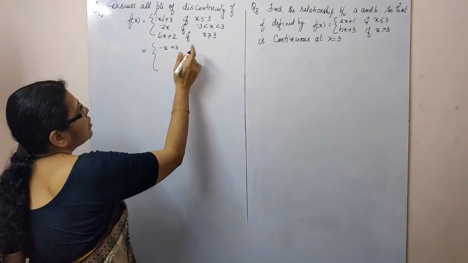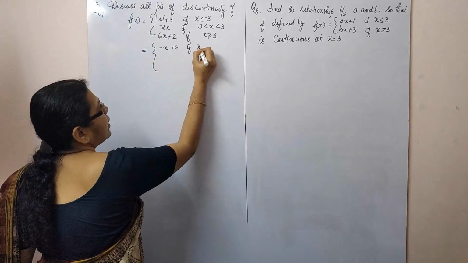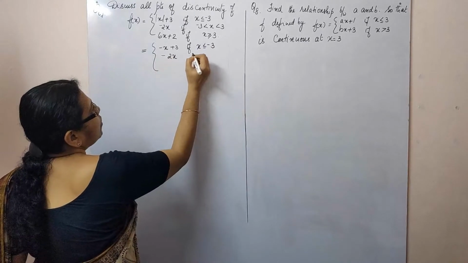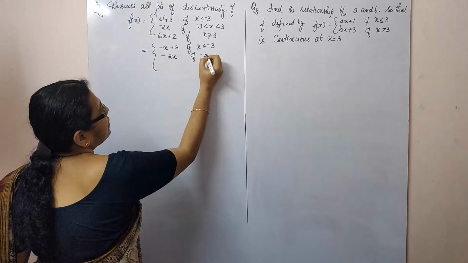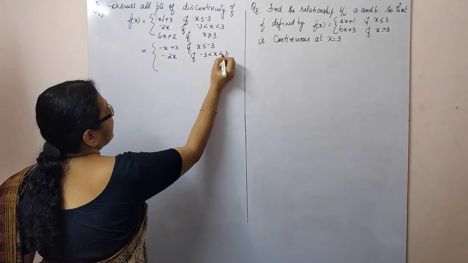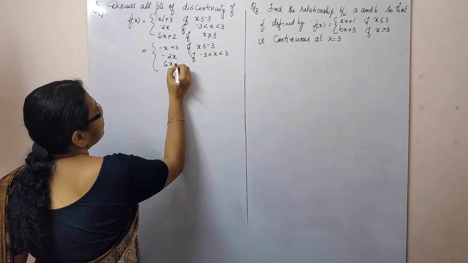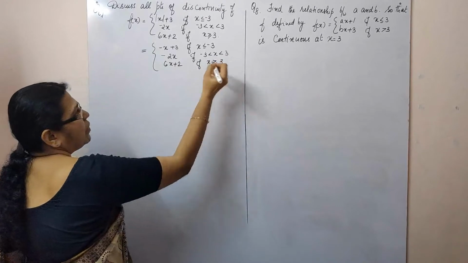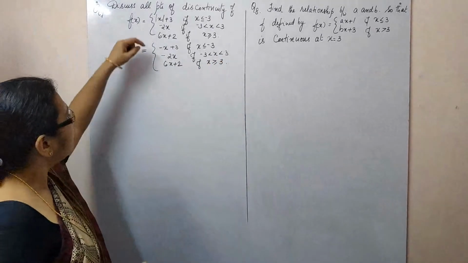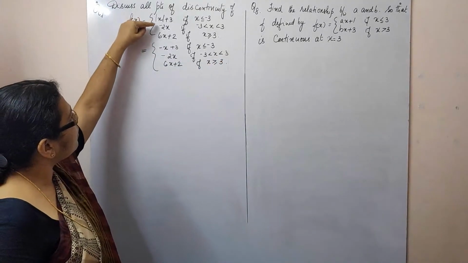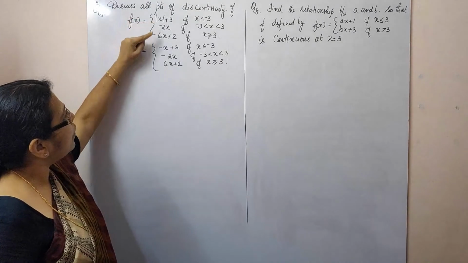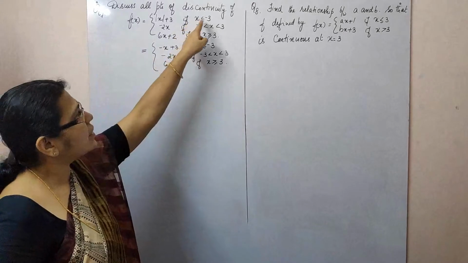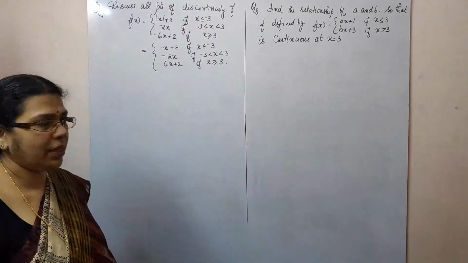So, minus x plus 3 if x is less than or equal to negative 3, minus of 2x if negative 3 is less than x less than 3, 6x plus 2 if x is greater than or equal to 3. The only change is that mod x is now becoming negative of x, as x is less than or equal to negative 3.